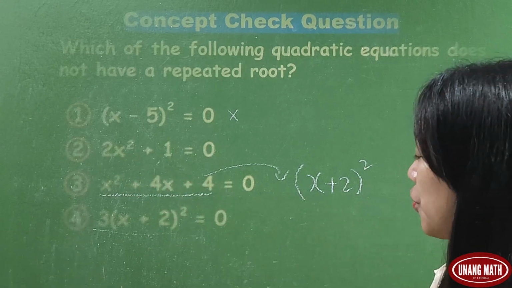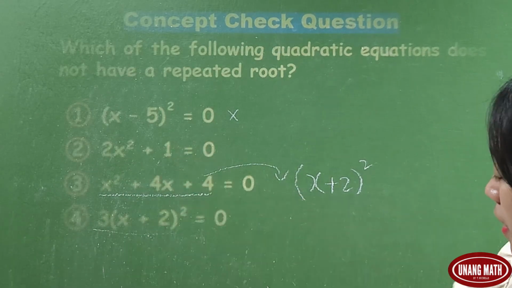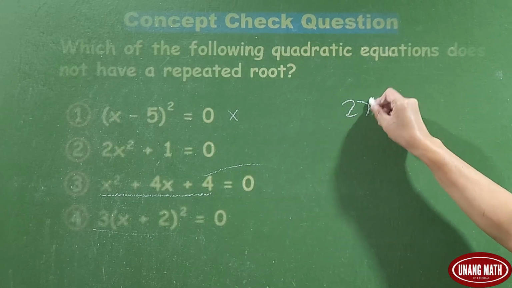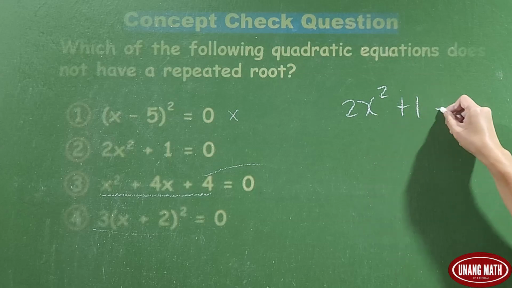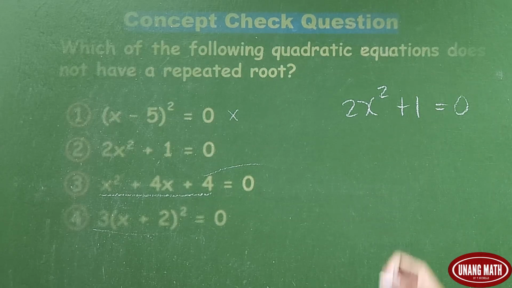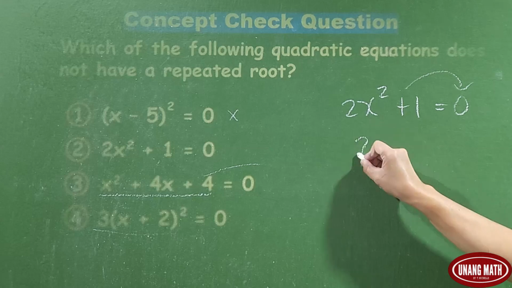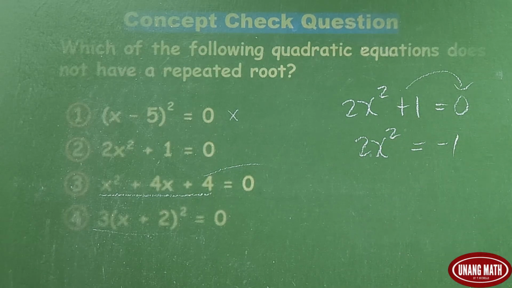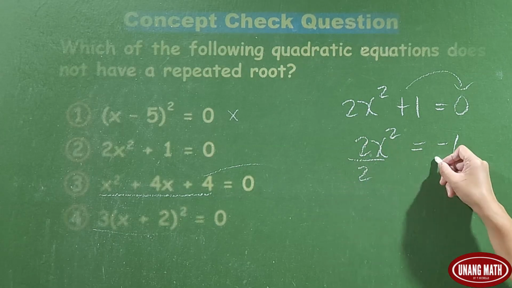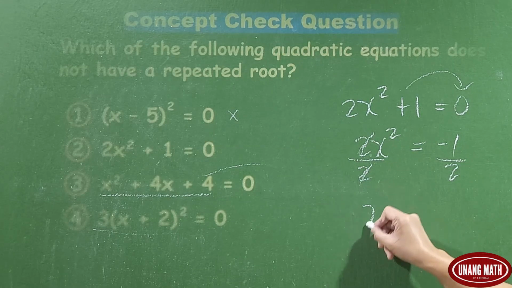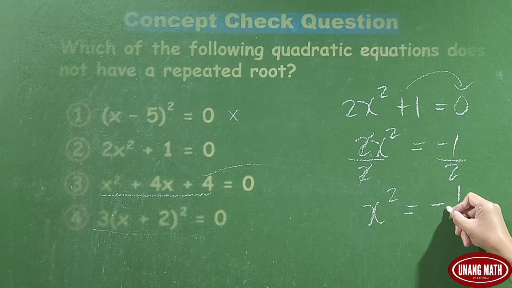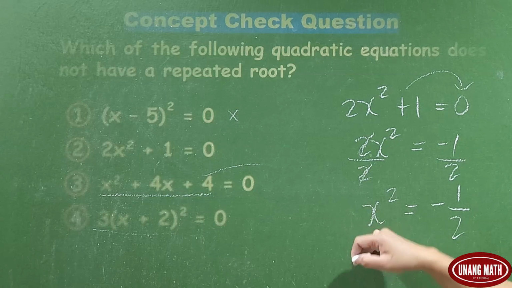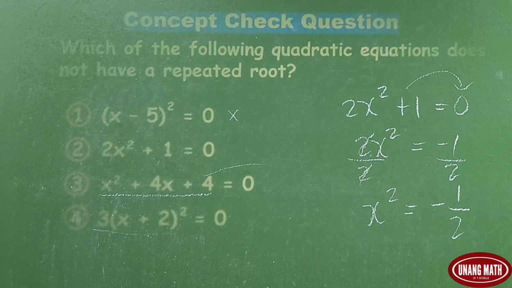Okay, let's go to number 2. 2x squared plus 1 is equal to 0. If we move 1 to the other side, we have 2x squared is equal to negative 1. We divide both sides by 2, then we have x squared is negative 1 half. In here, a number squared cannot be negative.